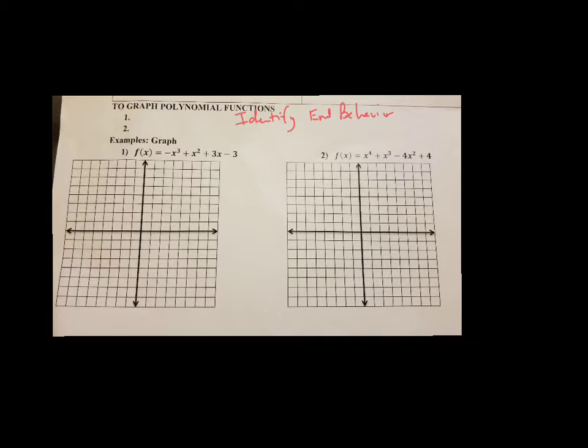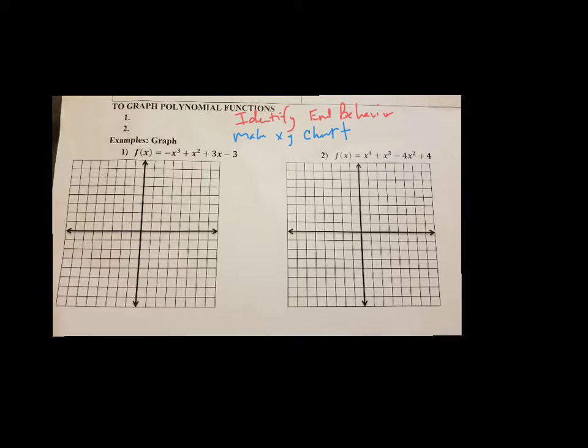That means you're going to have to find the degree and leading coefficient, and then look at that chart on the right above there. It's going to tell you how the arrows are going to go. The next thing you're going to do is make an XY chart. And that's it.